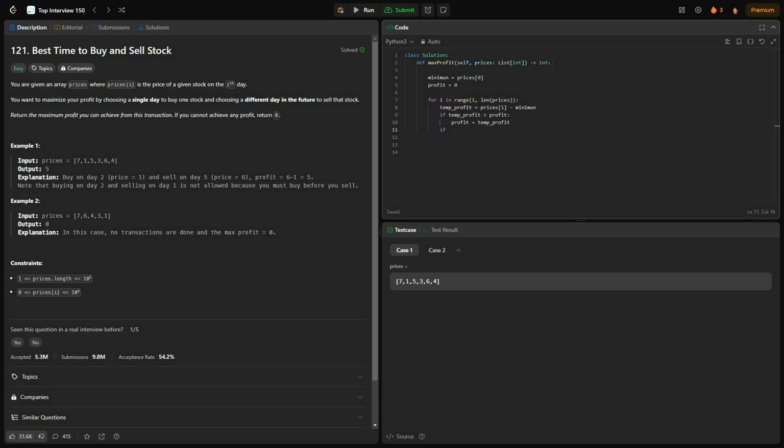And in case you find some stock with a value even less than the current minimum, we do: if prices[i] is less than minimum, in that case the minimum is going to be replaced by prices[i]. Just checking the spelling.